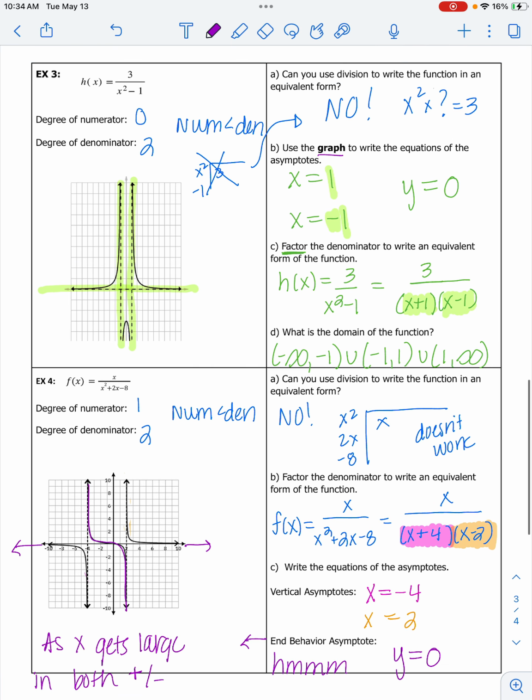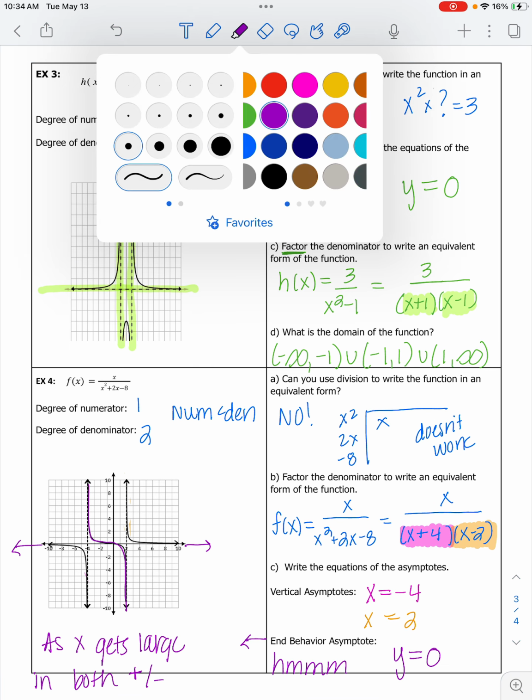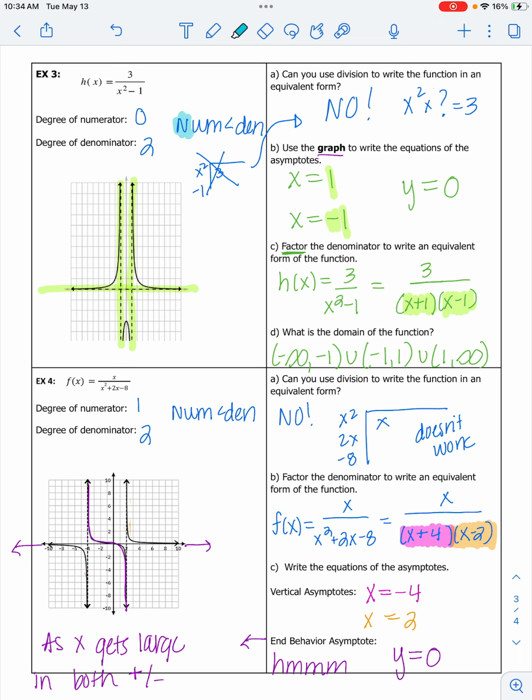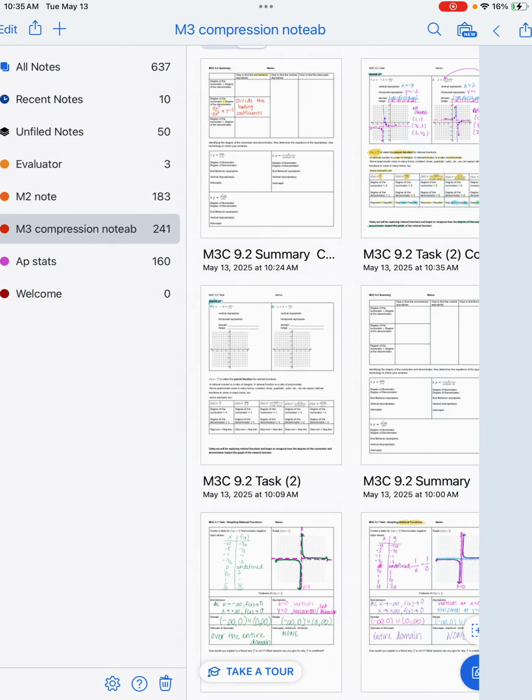So in both of these cases, we had the degrees of the numerator smaller than the degrees of the denominator, because we had 1 and 2 and 0 and 2. And in both of these cases, you may have noticed that y equals 0 showed up as the end behavior asymptote. And that is going to happen every single time the numerator degree is less than the denominator degree. So we're going to go ahead and put that in our summary page.